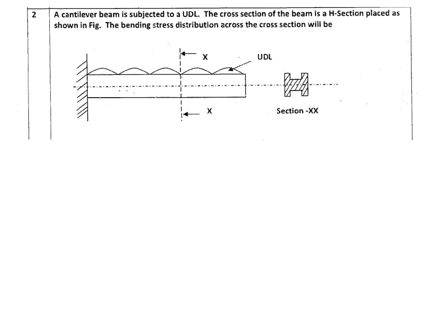Next, a cantilever beam is subjected to a UDL. The cross section of the beam is an H section placed as shown in figure. The bending stress distribution across the cross section will be how much? Section is H section.